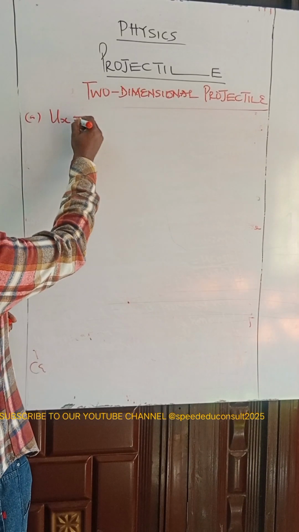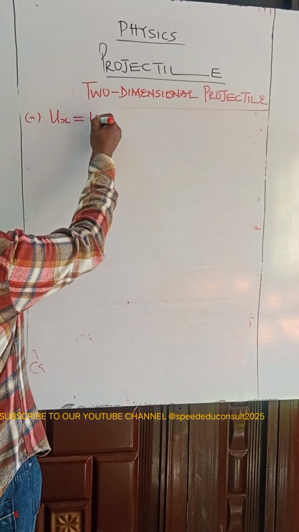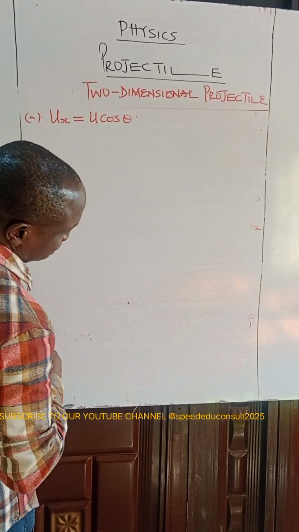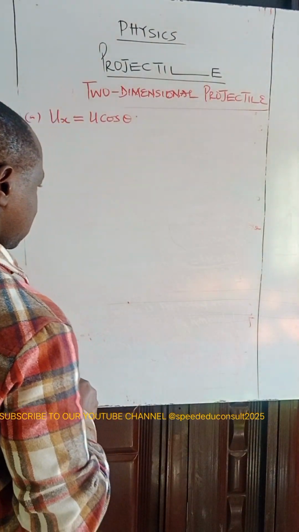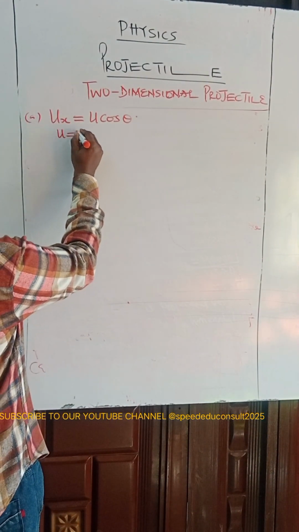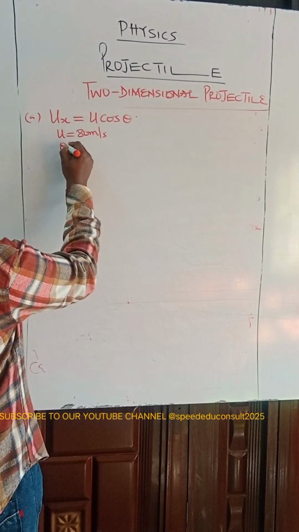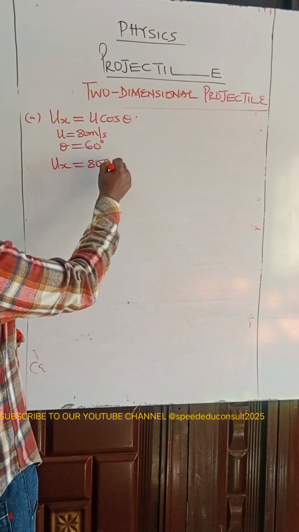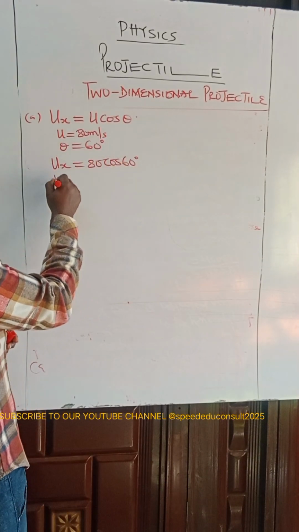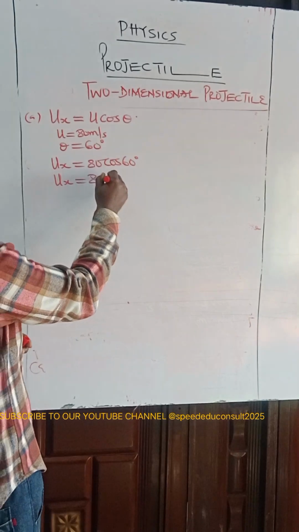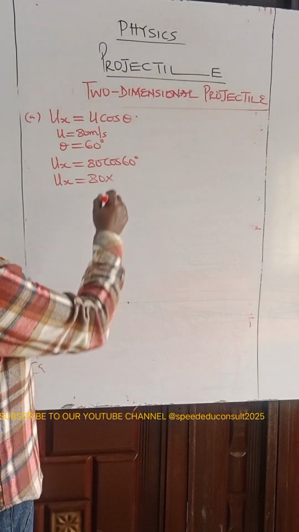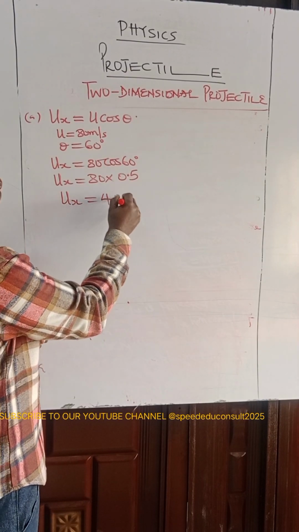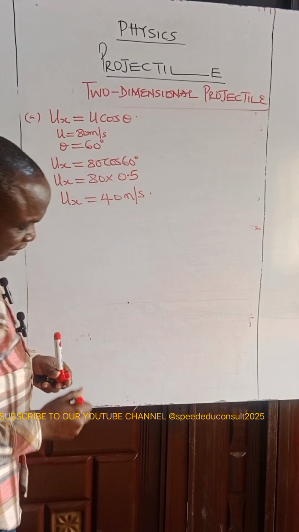Horizontal, ux is equal to u cos theta. That is the formula. So u is given to be 80 meter per second and theta is given to be 60 degrees. So I will say ux is equal to 80 cos 60 degrees. You use your calculator to look for cos 60 degrees, that is 0.5. So ux is equal to 40 meter per second.